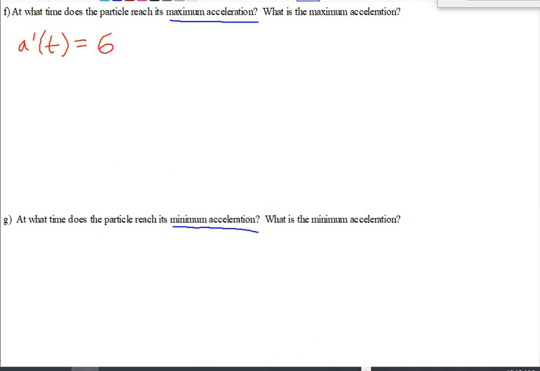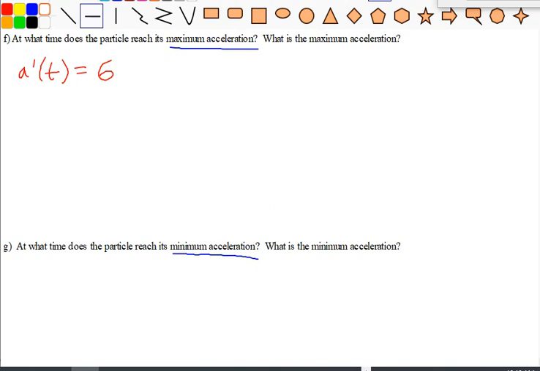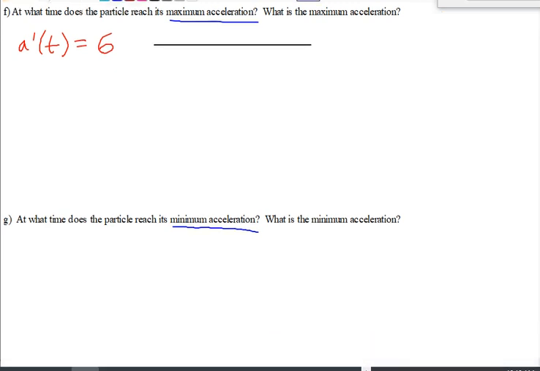So notice if you try to set that equal to 0, it's never 0, which is okay. That just means we don't have any critical numbers. So when you draw your number line here, and then put on the endpoints of 0 to 3, and write down a prime of t. You can see a prime of t is just positive 6, so it's positive the whole way.